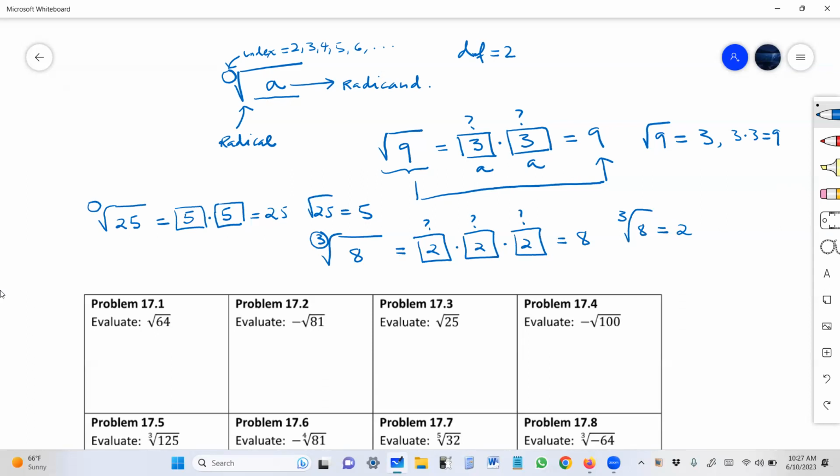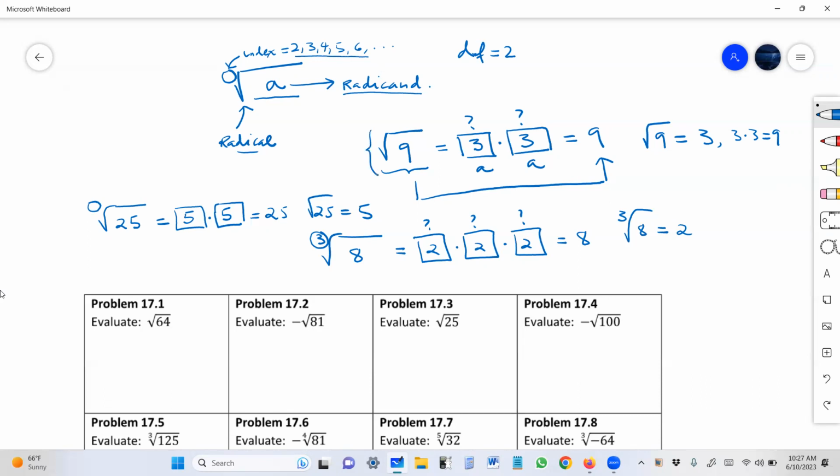They get more complicated, but we're beginning section 17, and this is what we need you to understand. The symbol is called the radical. The number that goes on the upper left side of the radical is called the index, and it can only be a whole number 2 or bigger. The number or expression that goes inside of the radical is called the radicand.